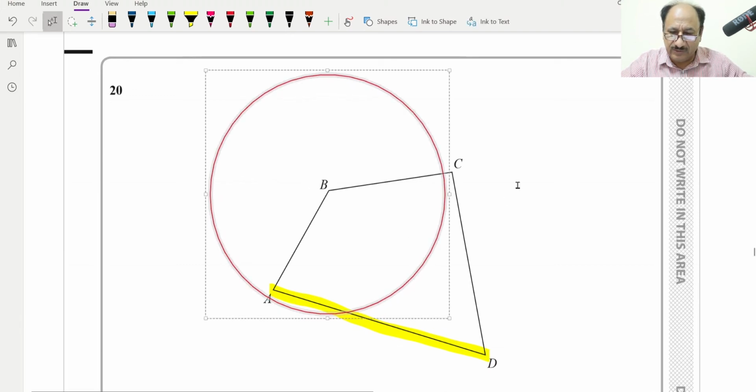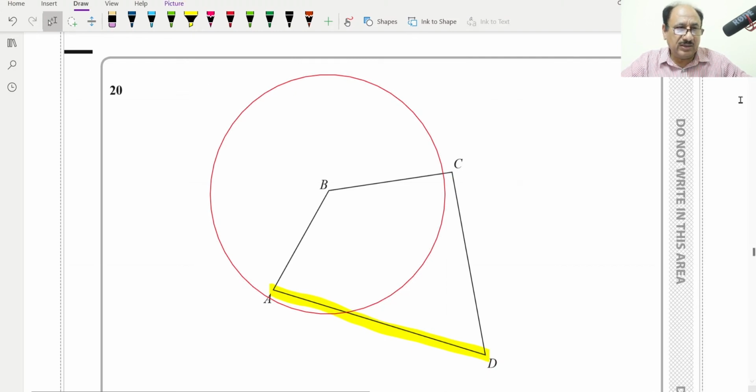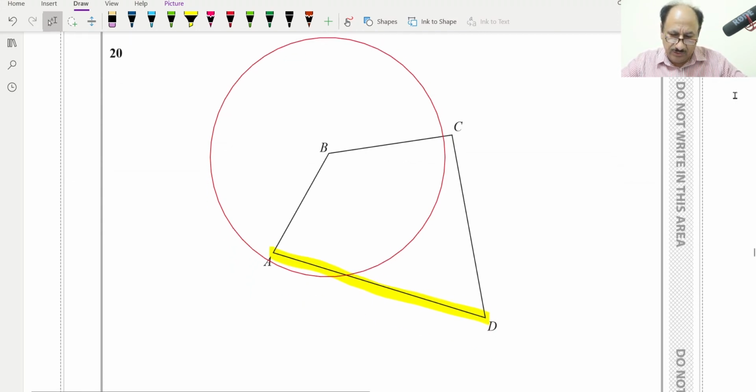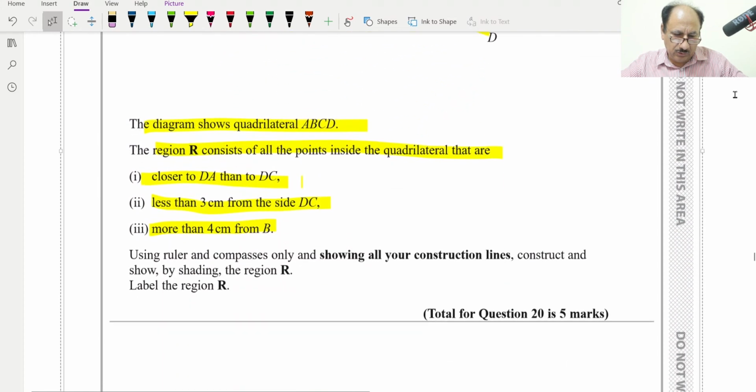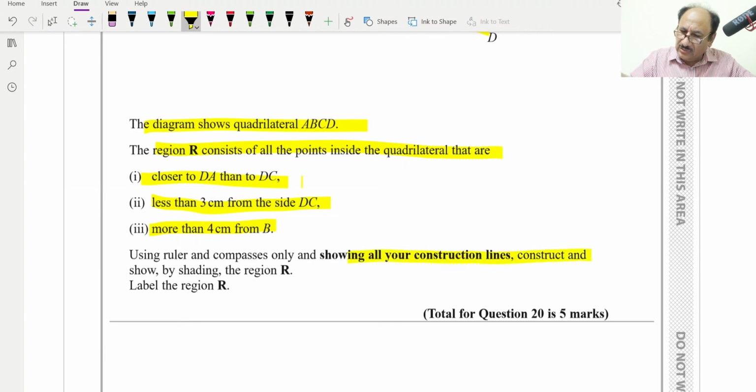You will get this type of circle. Then you will have to draw 3 centimeters. So your other line will be using ruler and compasses only, and showing all your construction lines. Construct and show the shading, shading the region R, label the region R also.